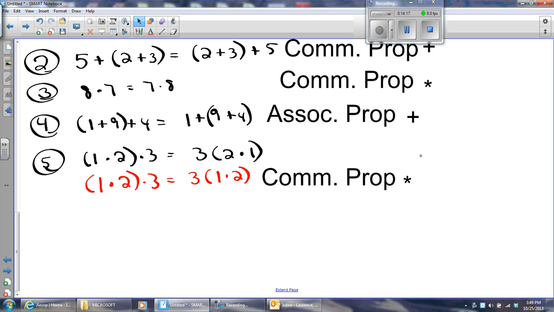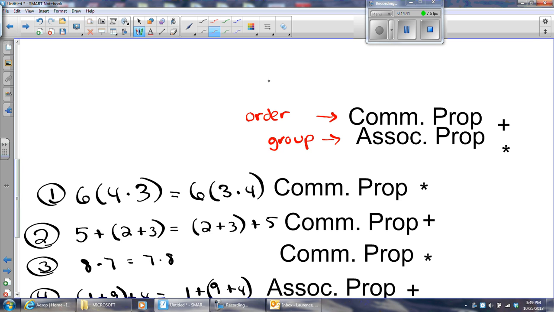Okay, but that's not the same as what the black line says. So now I could take this answer and adjust it to 3 times the quantity of 2 times 1. And now this looks like that. And that I can do again because of the commutative property.